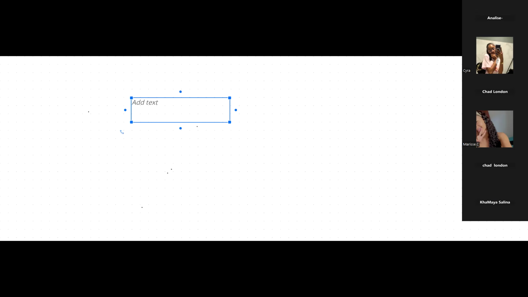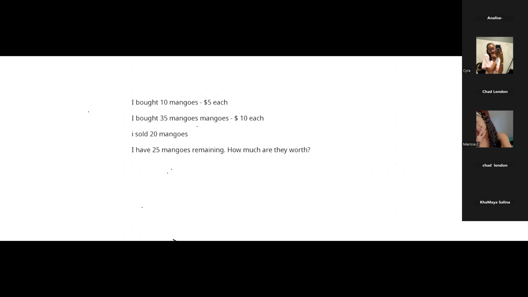I bought 35 mangoes again, and the price rose this time, so now they were $10 each. I sold 20 mangoes. I have 25 mangoes remaining. How much are they worth? Who could answer that for me?